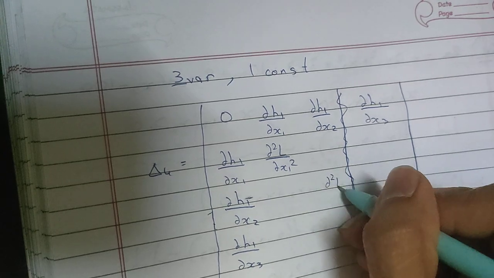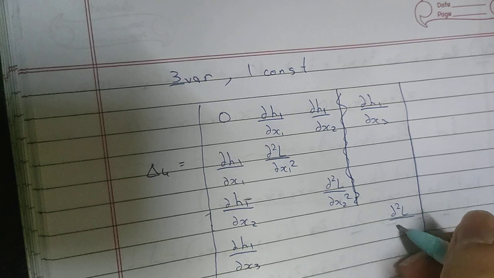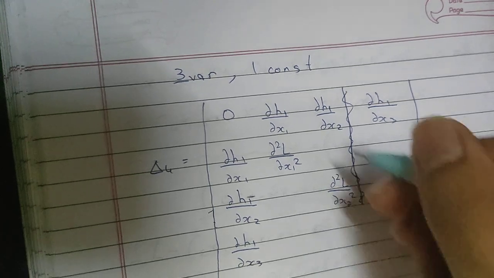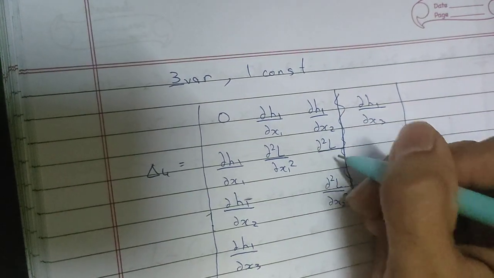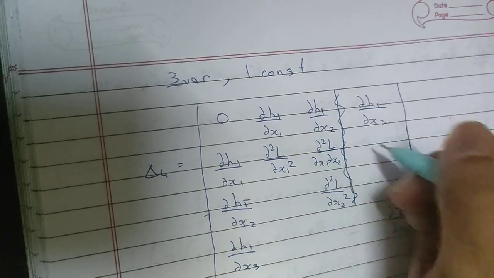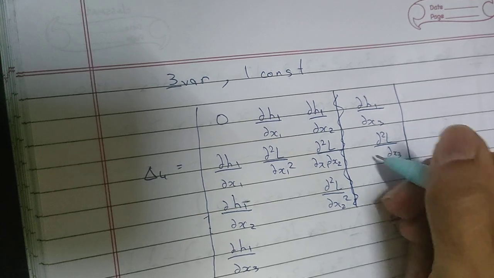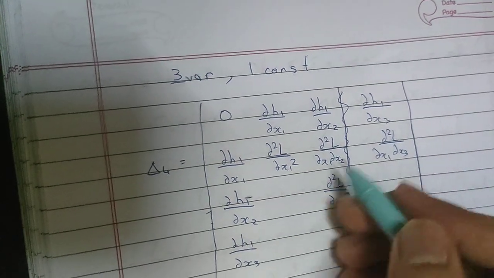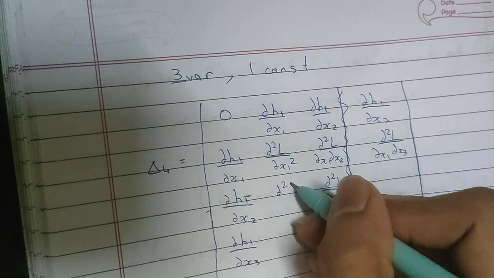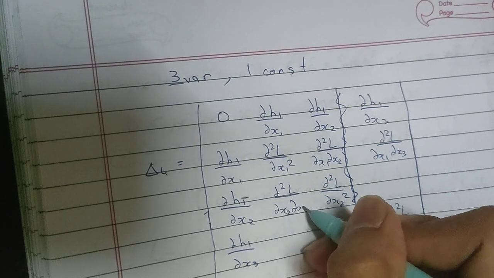The diagonal elements are the easiest. It is basically the same variable, square, double derivative. Then this will be with respect to x2, then x1, differentiate partially with respect to x3, then x1, and these ones are like the mirror images. So del square, this is x1 x2, so this will be x2 x1.